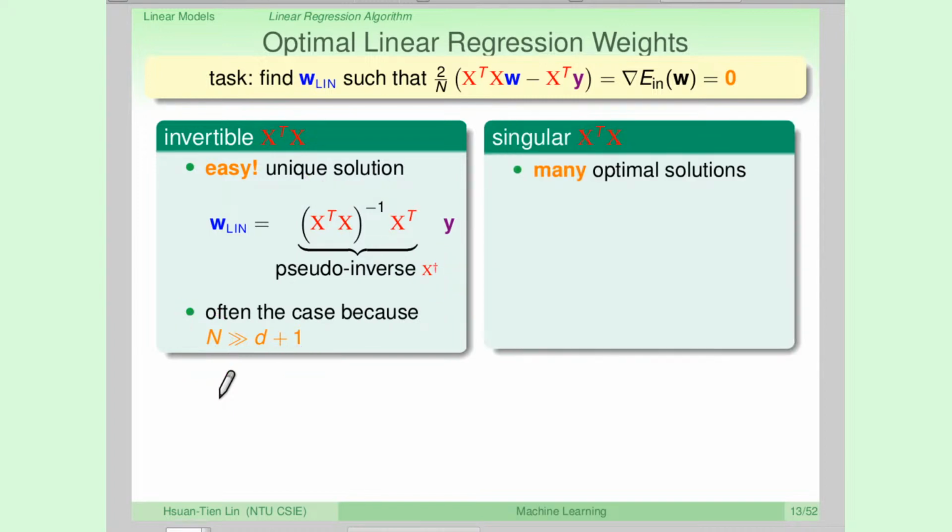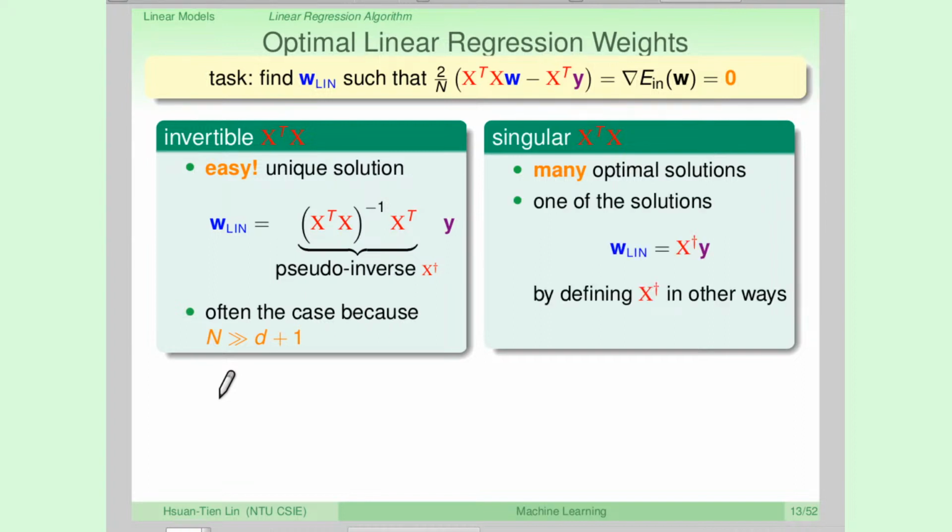But of course, there are cases where you cannot guarantee an invertible X transpose X. In that case, it means the linear system you're trying to solve does not have one optimal solution. It may have multiple optimal solutions.